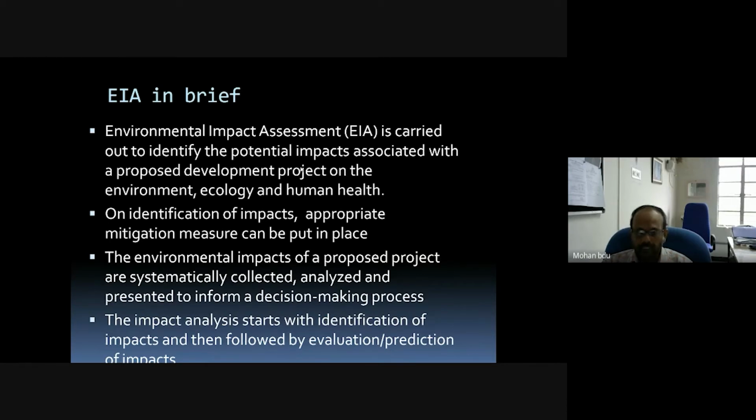During this stage, many of the attributes which represent the environment are collected as data in Excel format, and then those data are analyzed by various software and various methods.